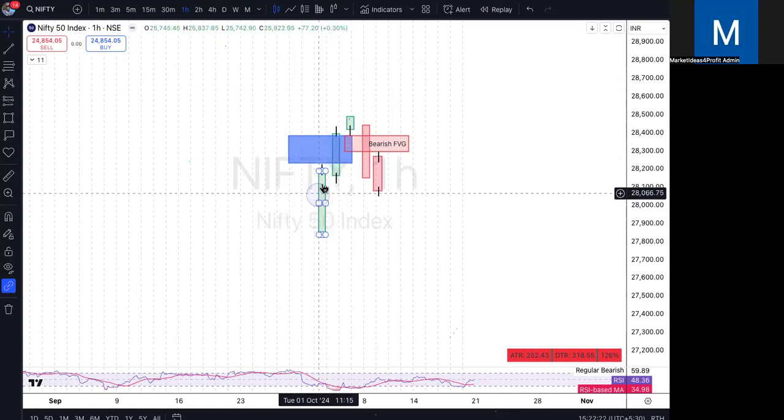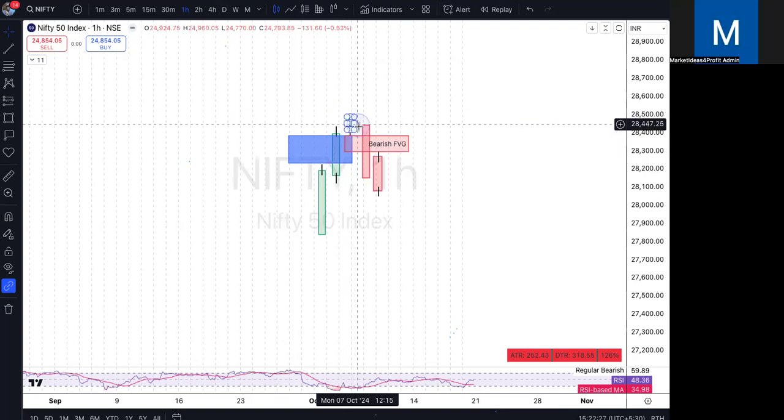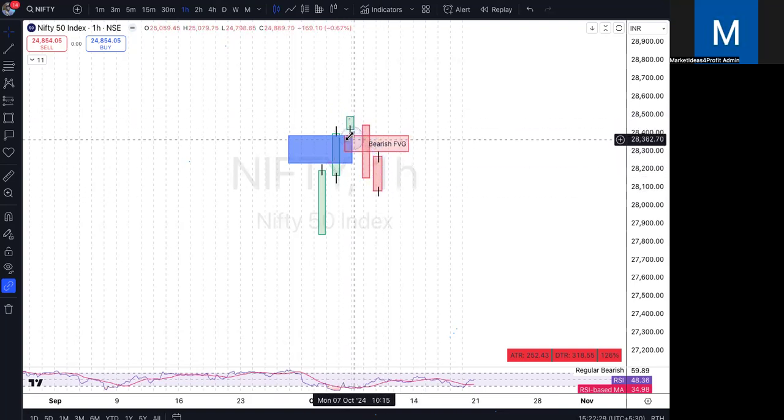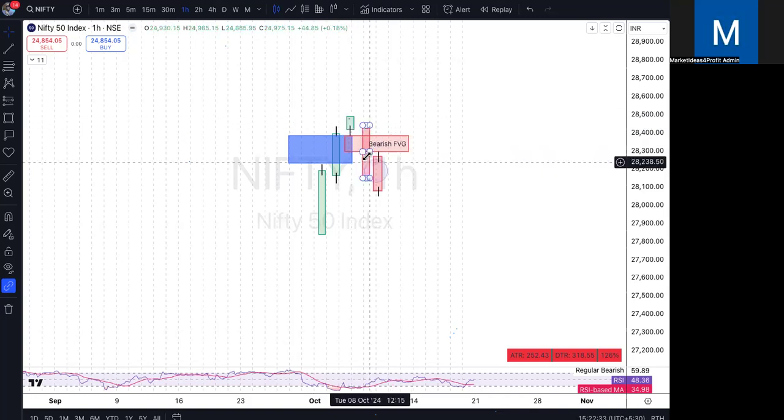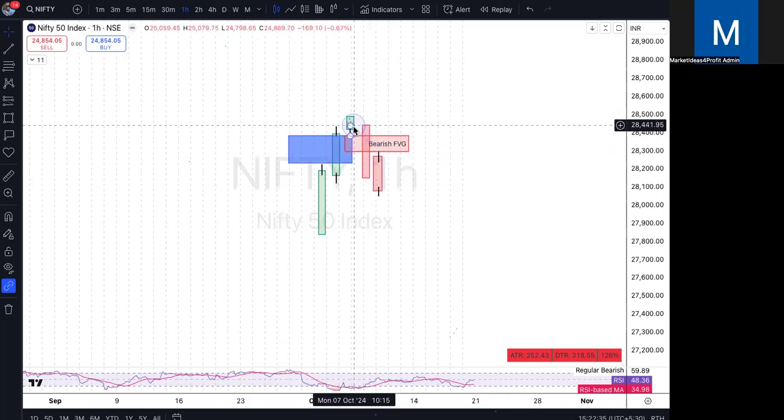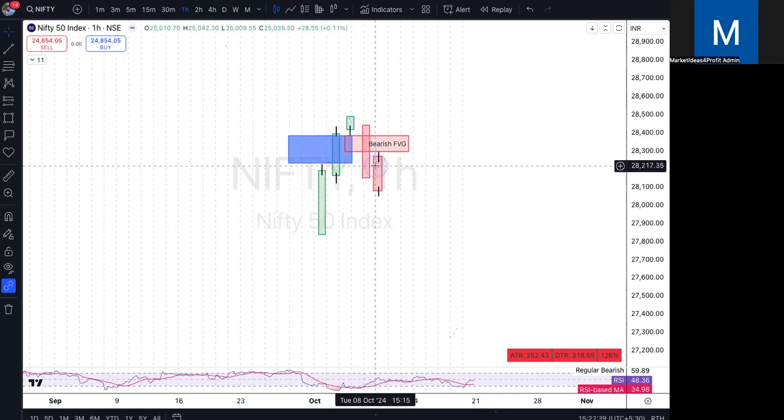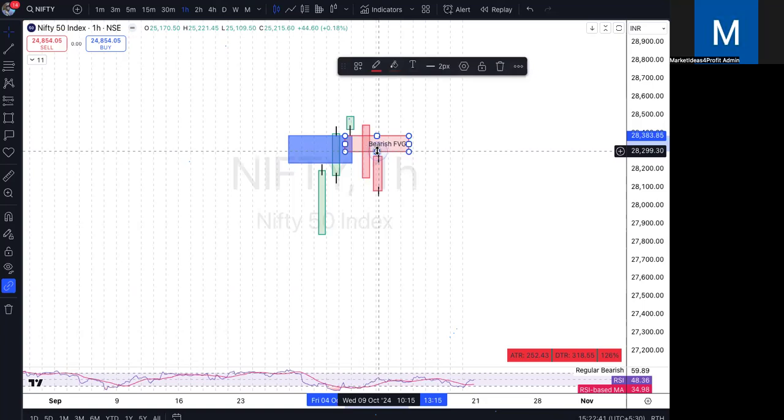So when the prices go up and this gap is created, this is called a bullish fair value gap. When the prices come down and there's a gap between the bottom of the first candle and the top of the third candle, it's a three candle formation, like I told you. The first candle is the base candle, the second is the expansion candle, and the third is the consolidation candle or the breakaway candle.